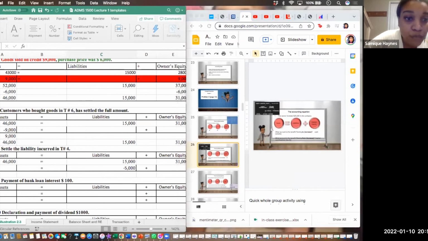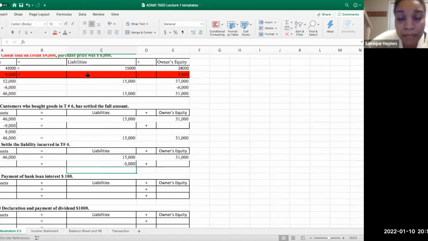Okay. So if we're paying out cash, which type of account is cash? Is cash an asset, liability, or equity account? Asset. So that's going to mean that cash is going to go where?